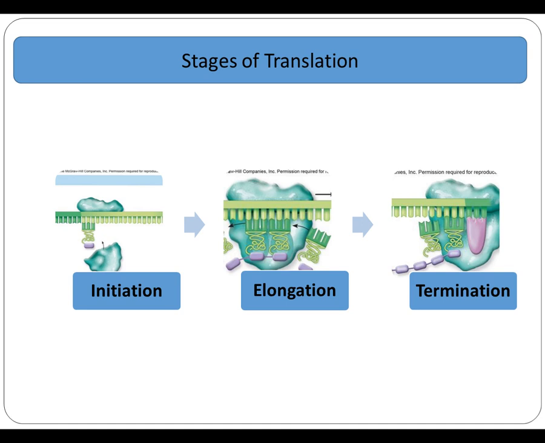We can then elongate what's called the growing polypeptide chain, or basically make a protein. The mRNA is, if you will, pulled through the ribosome, one codon at a time. It's reading three nucleotides at a time, or a codon. As it's assembled, there's enough transfer RNA and amino acids available that the right transfer RNA will come in and bind complementarily to the codon in sequence, bringing with them a new type of what?